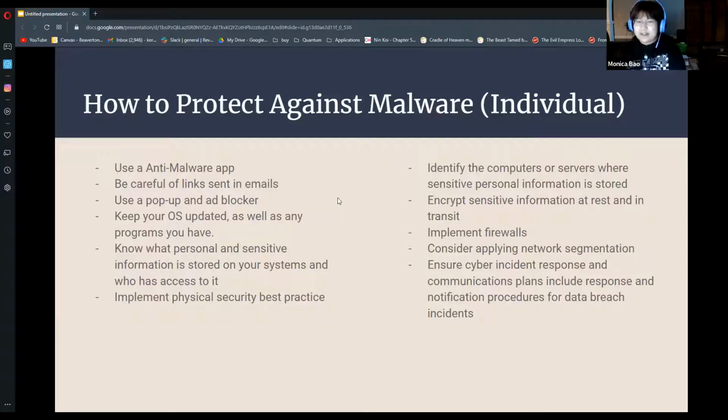Windows Defender, if you're using Windows, is free anti-malware software included with Windows, and it's kept up to date automatically through your Windows updates.